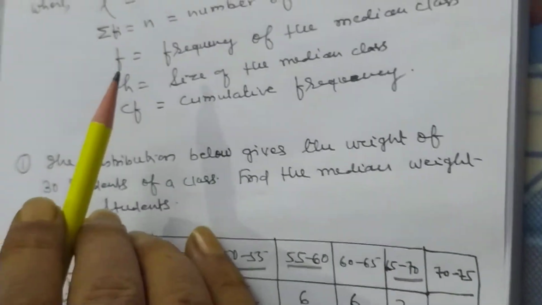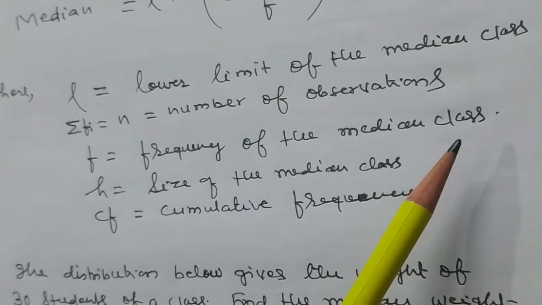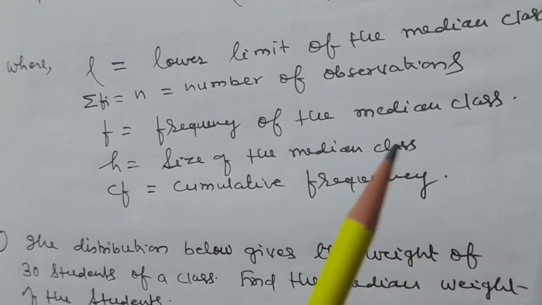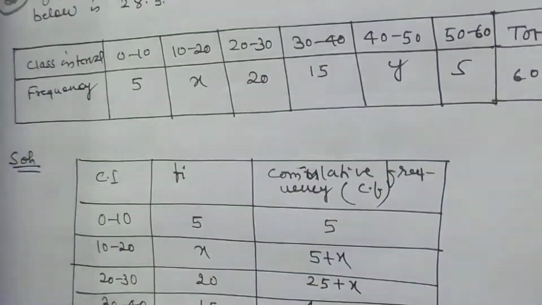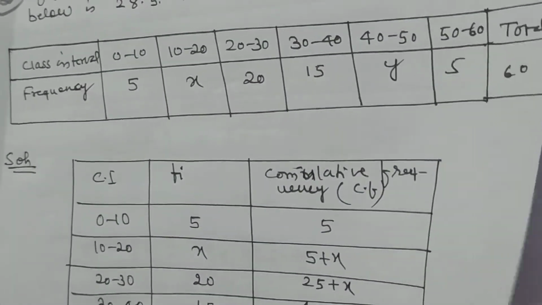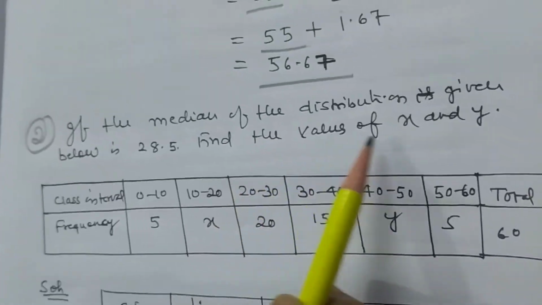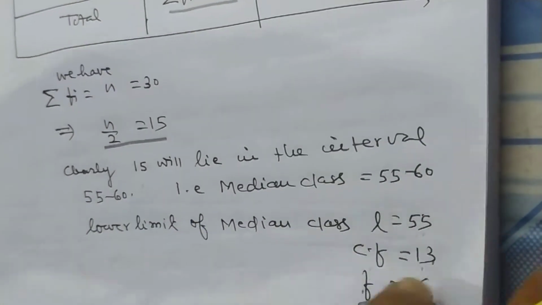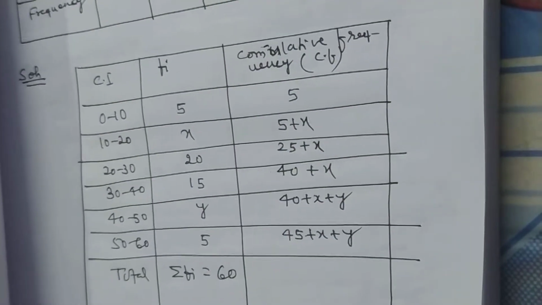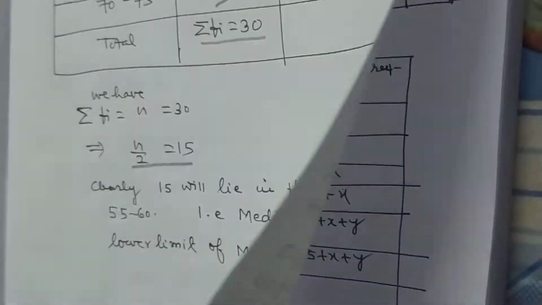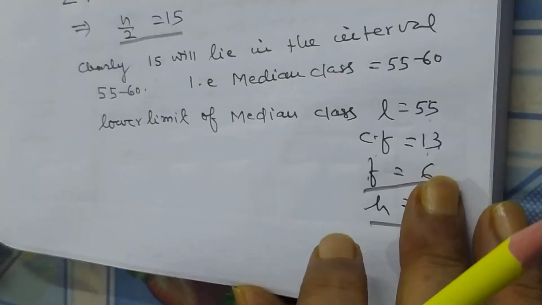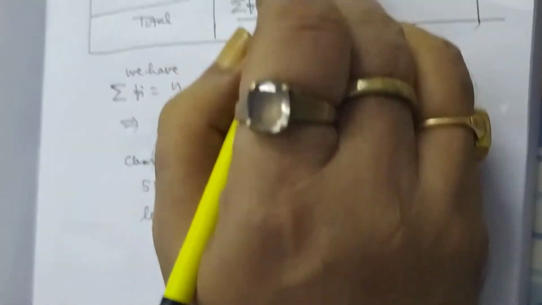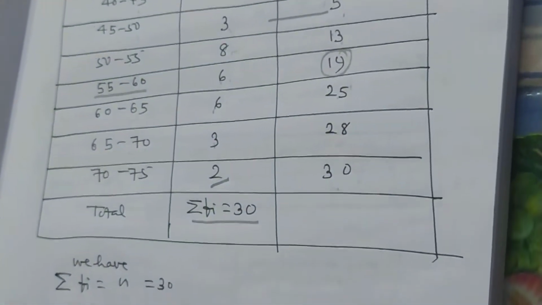So my dear students, here F is frequency of median class and CF is cumulative frequency. You must make clear while you write the formula that this CF is cumulative frequency just preceding the median class.